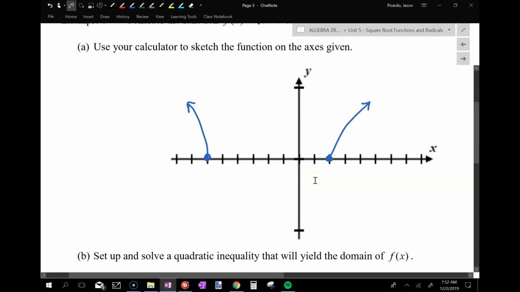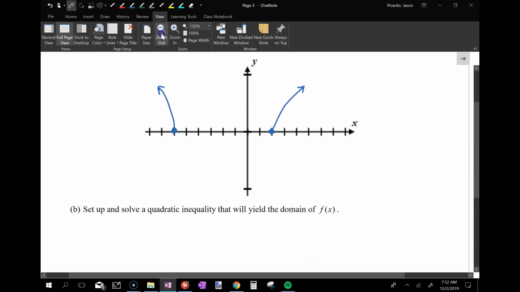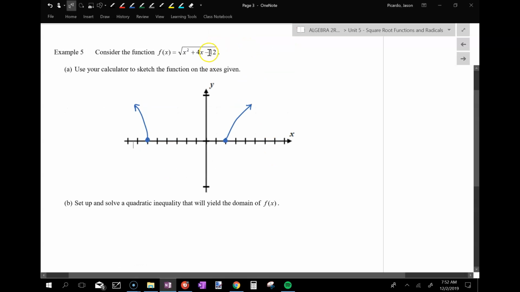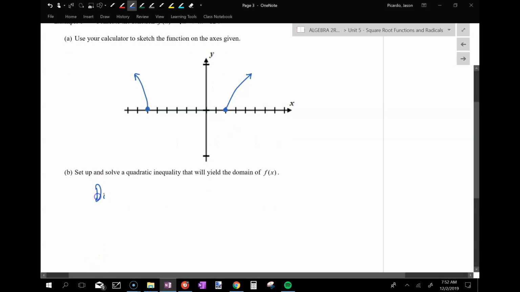Well, let's talk about why it looks like this. What did we say about the thing under the radical? We did it all on the previous page. The thing under the radical has to be greater than or equal to 0, right? So the domain of radical x is always x is greater than or equal to 0.